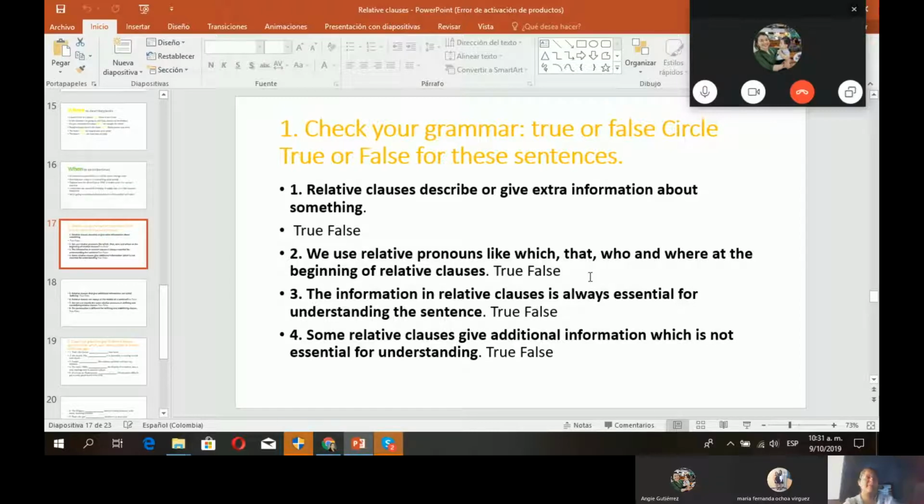Maria Fernanda: False. Now, Angie, what do you answer for the second? True. The correct answer is true.